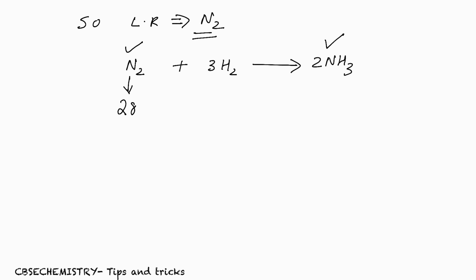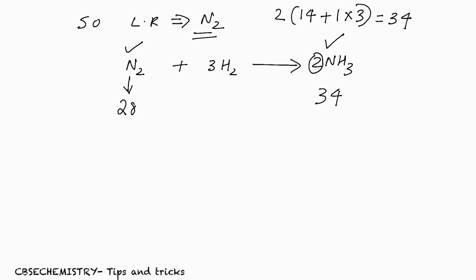And what about the mass of 2 molecules of ammonia? Nitrogen is 14 plus hydrogen is 1 into 3, so total 17. There are 2 ammonia, so 2 into 17 is 34. So 28 gram of nitrogen gives 34 gram of ammonia.